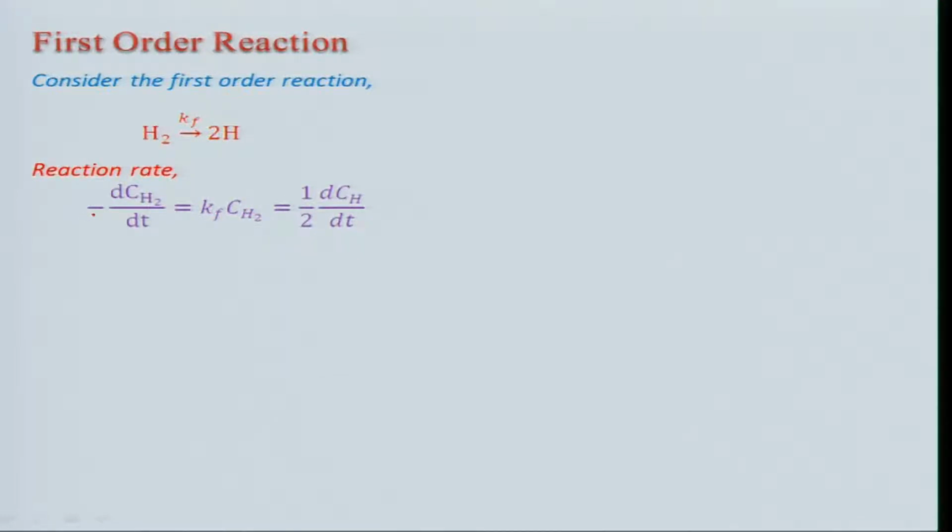Keep in mind this negative sign because it is decomposing. So, it will be half dC_H/dt, right. I have put it the other way around, because of C_H, so 1/2 comes into the picture, and I can write K_F C_H2, which comes from the law of mass action.